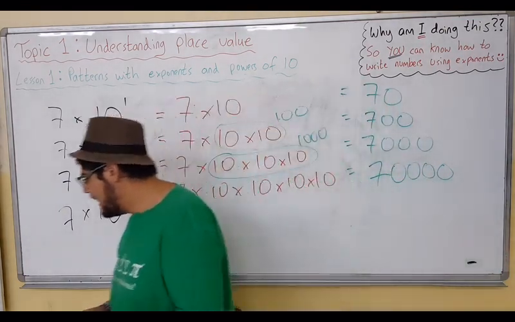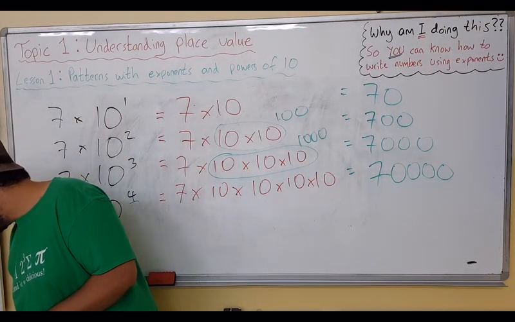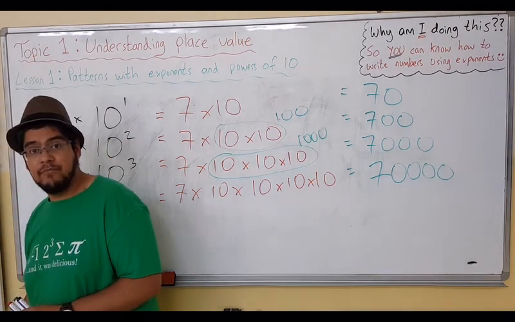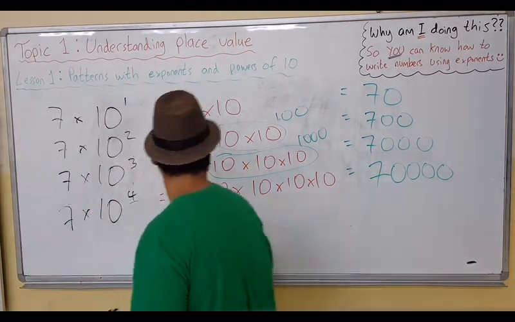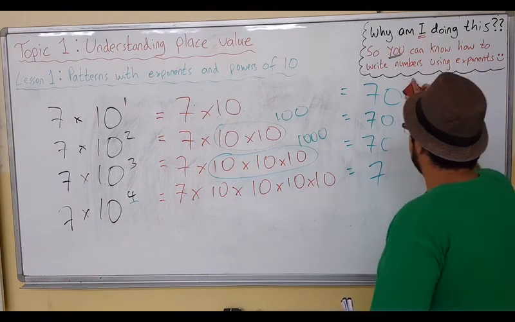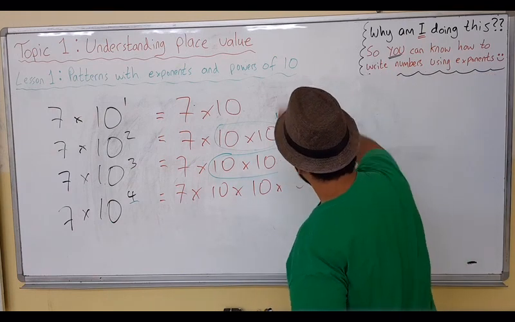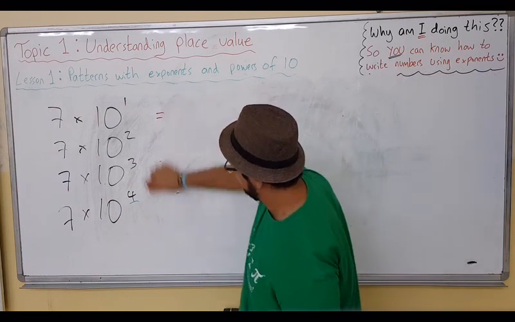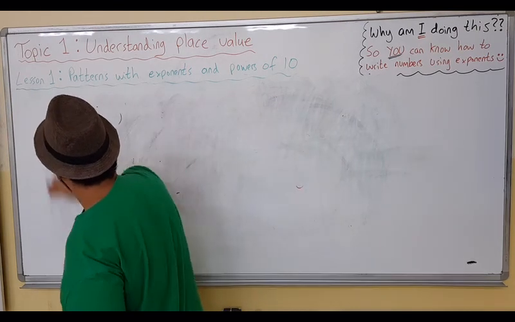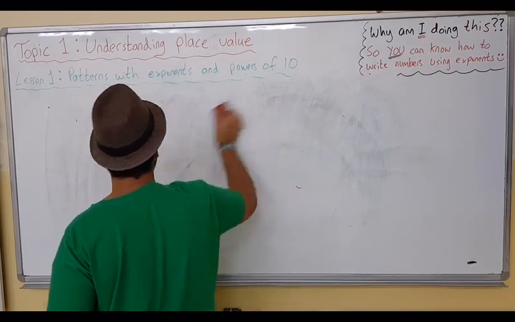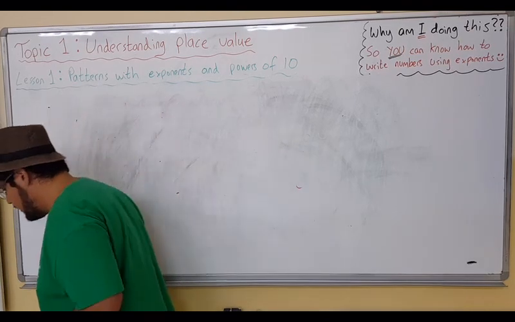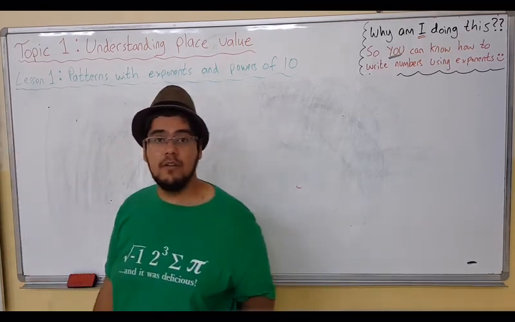Okay? So, let's take on one more example from your book. To do that, I need to clean the board. That, I didn't mention it before, was question number 4 in your book, okay?